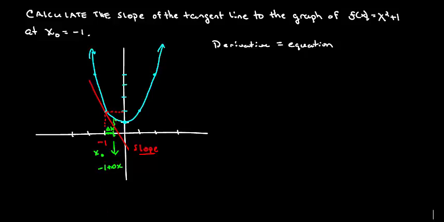Now its height value, we need to know that as well. The height value here is the function evaluated at -1 plus a little bit. And this point right here, if you remember, is just the function evaluated at -1, and the function evaluated at -1 was 2.